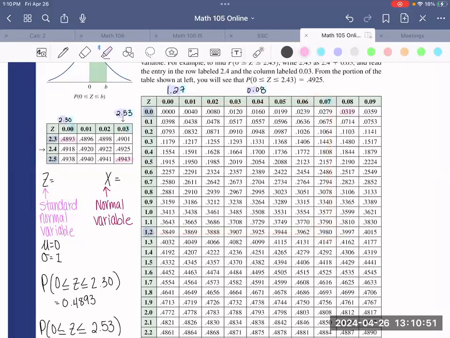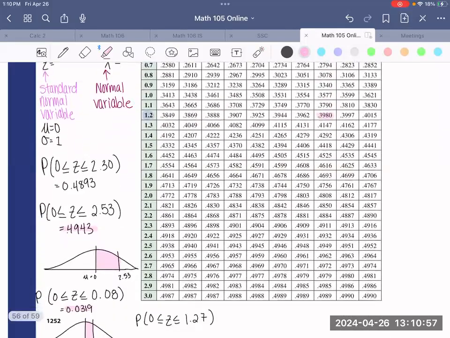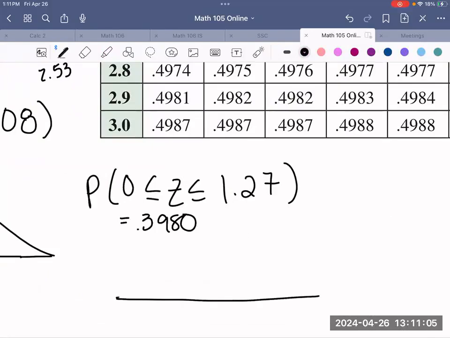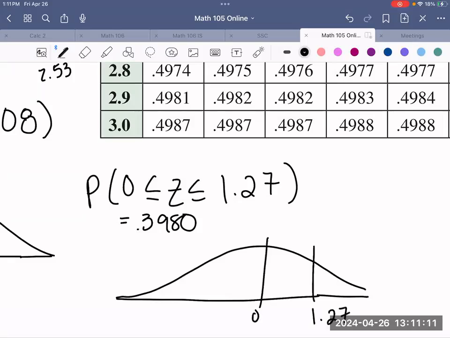The 7 here, we said it is going to be right there, 3980. So again, a quick little picture of 1.27. This is what we found here as your probability.